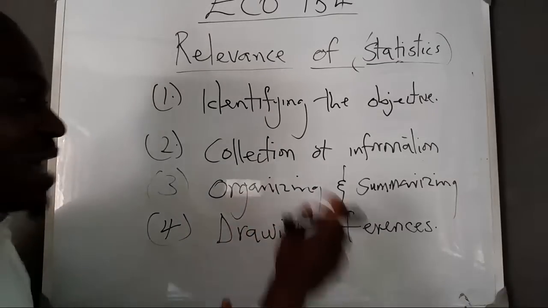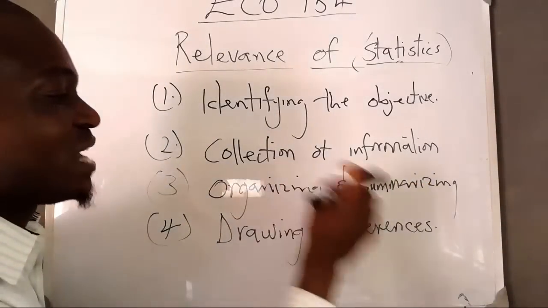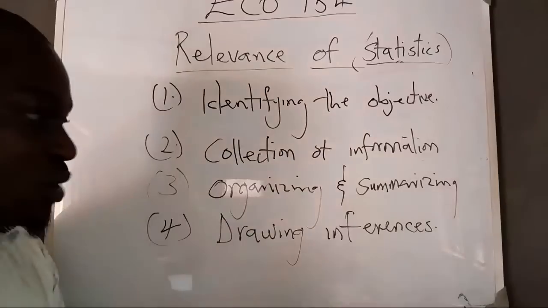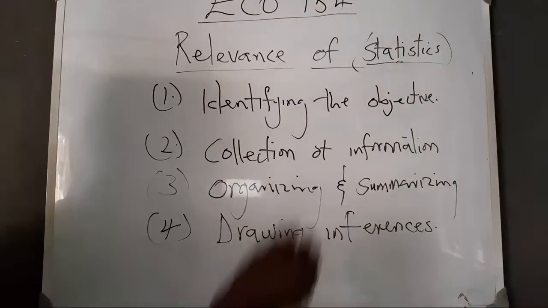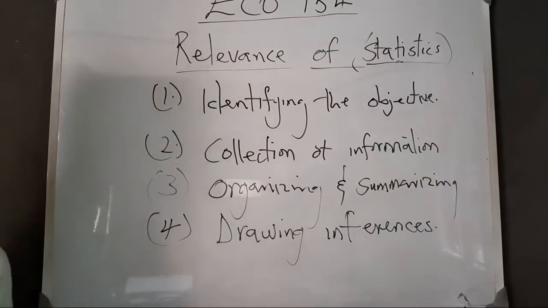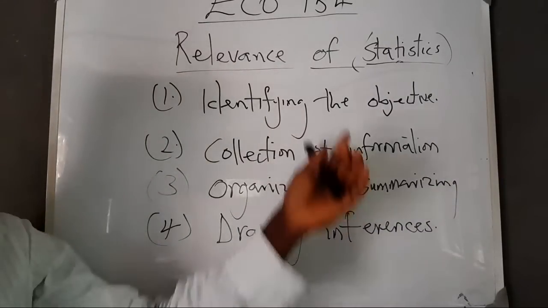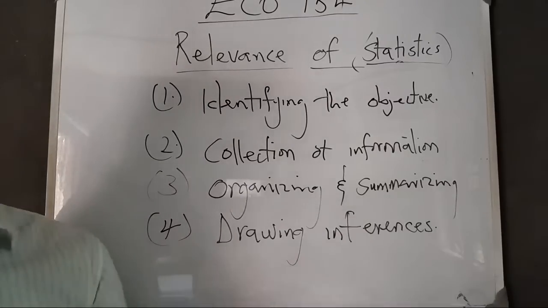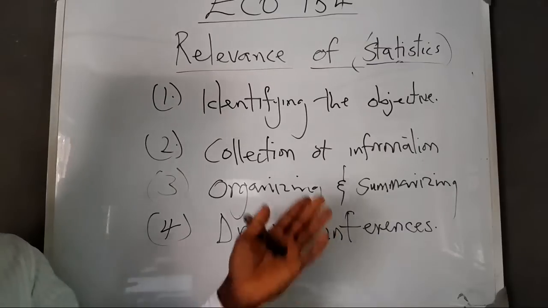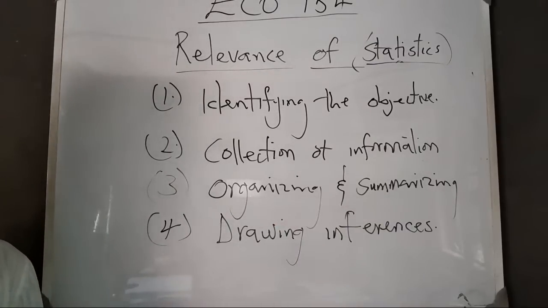When we are through with organizing and summarizing the information and we put them together, then we'll be able to draw inferences. And those are the stages in research in statistics.